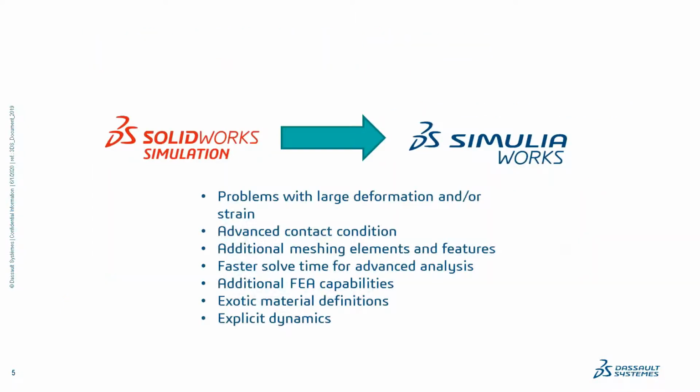Now, I would argue these are the situations where you would want to consider, at least if you're just looking at simulation, why you'd move to the platform, and specifically why you would move to SIMULIAworks. These are some of the key problems that SIMULIAworks can solve. Problems with large strain. Explicit dynamics, which is something we couldn't do in the past.